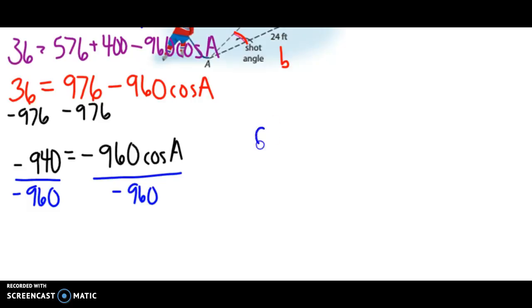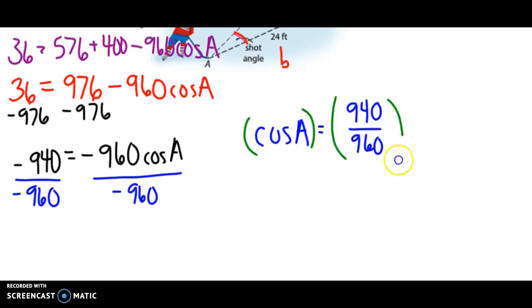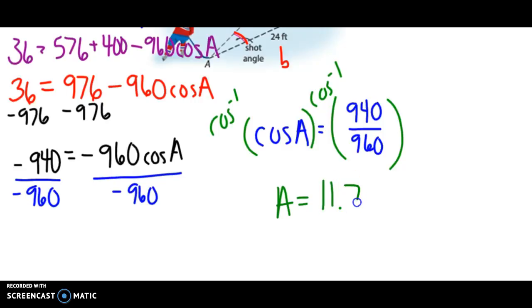And so cosine of A is equal to 940 over 960. If I want A by itself, we do the inverse cosine of both sides, and I get A is approximately 11.7 degrees.